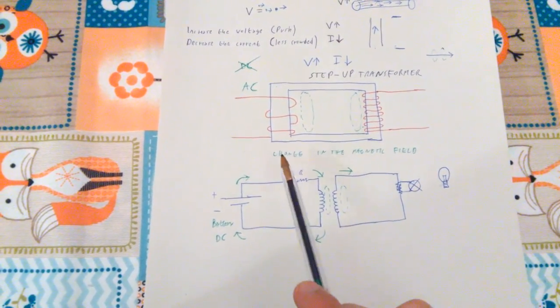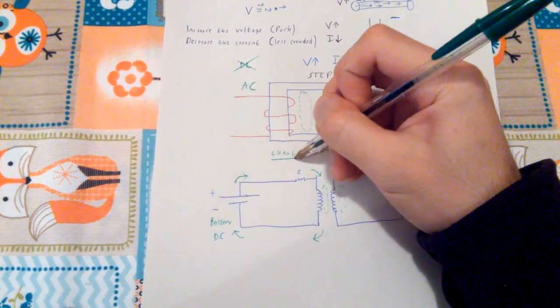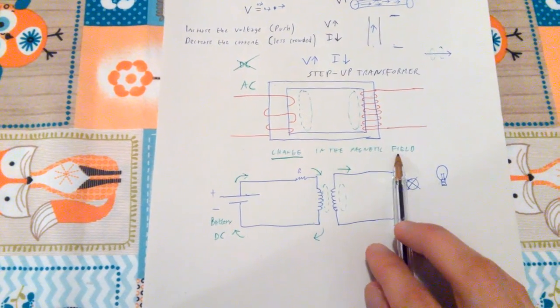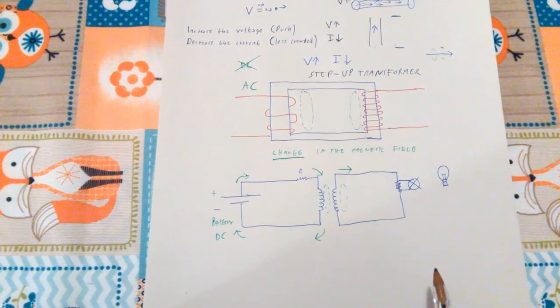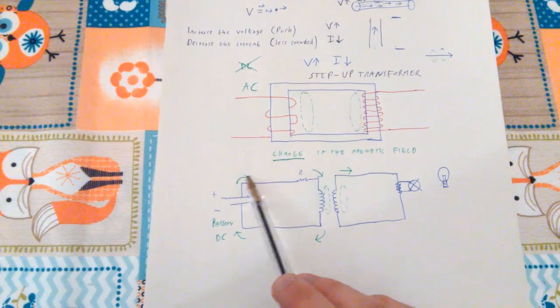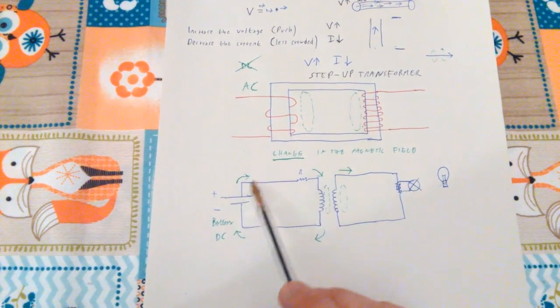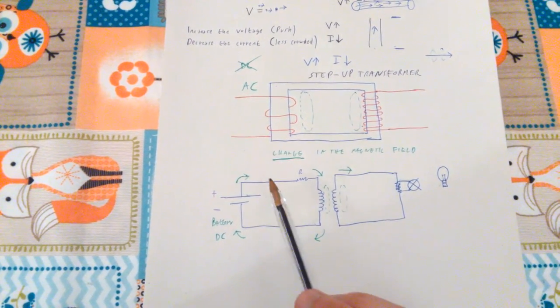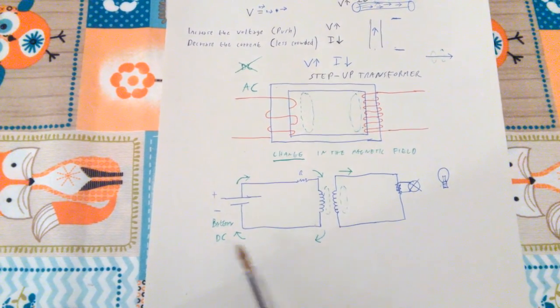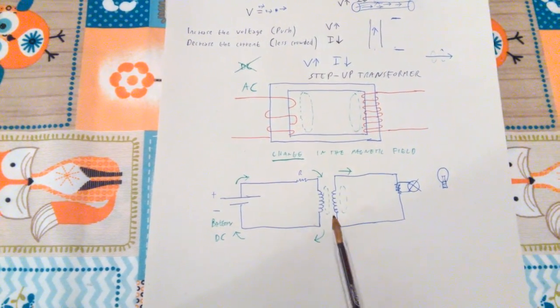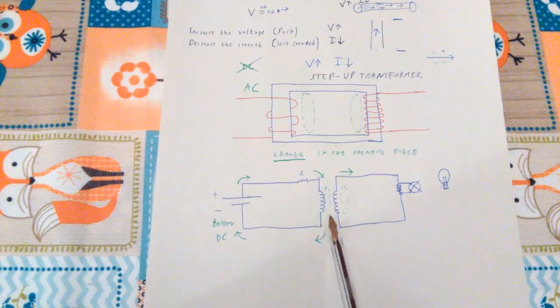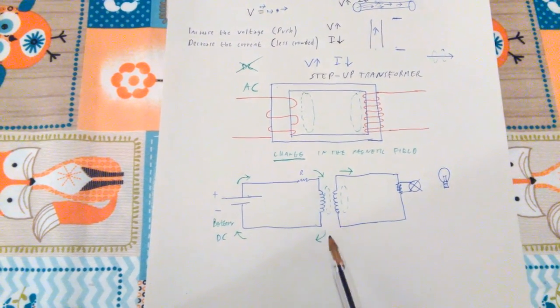But remember, it's the change in the magnetic field that produces a current. So if the current still goes through here and the direction never changes because we are in DC, then we're gonna have a magnetic field here, which is generated at the very beginning.